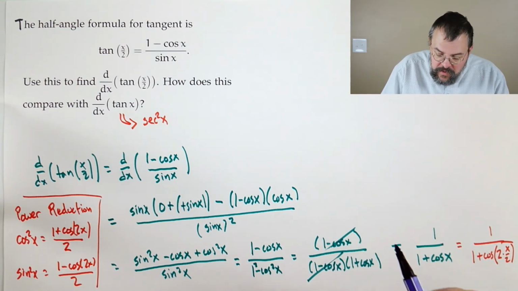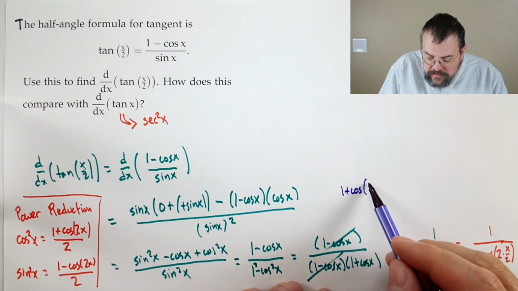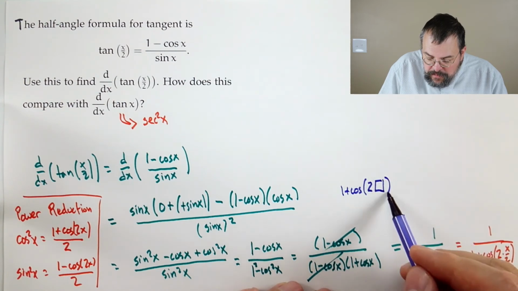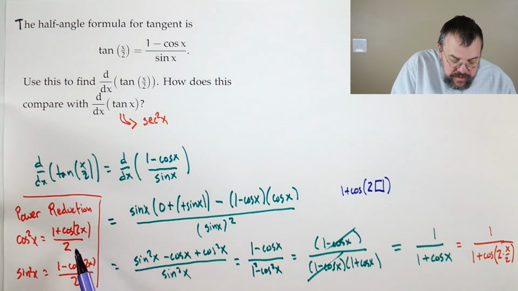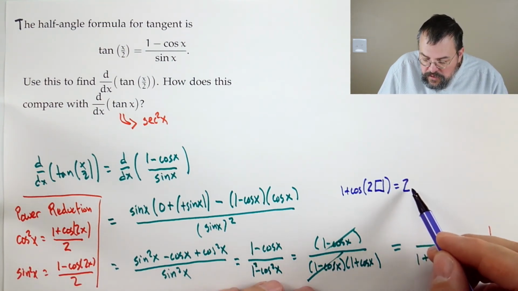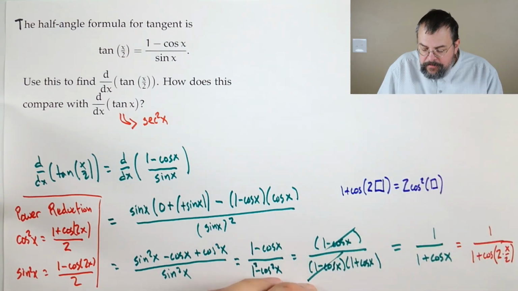So here's the rewriting: 1 plus cosine of 2 times something, where something is a box. If I move this across, 1 plus cosine 2 something is equal to 2 cosine squared of something.